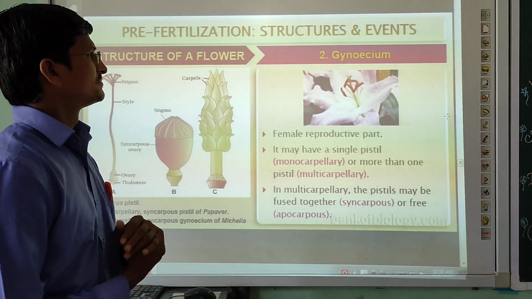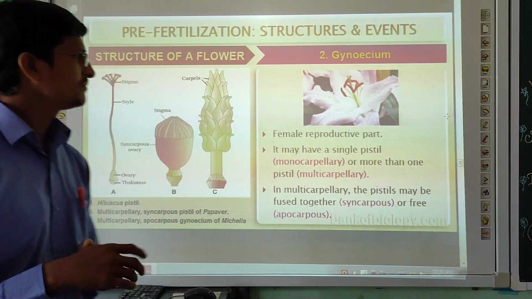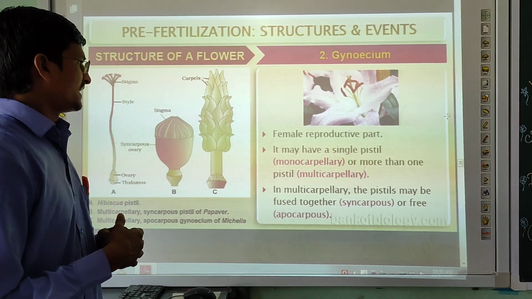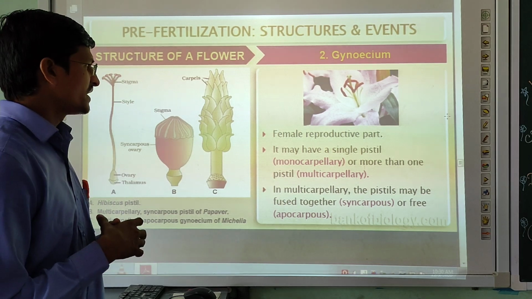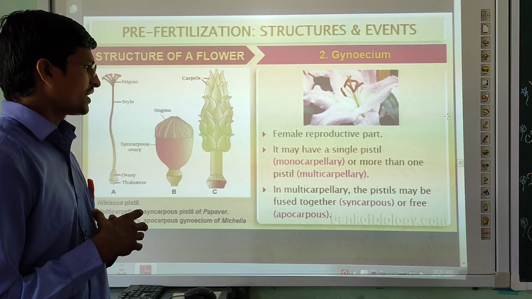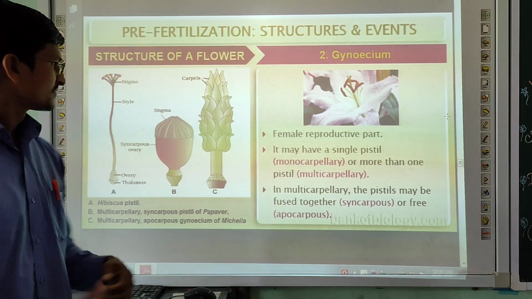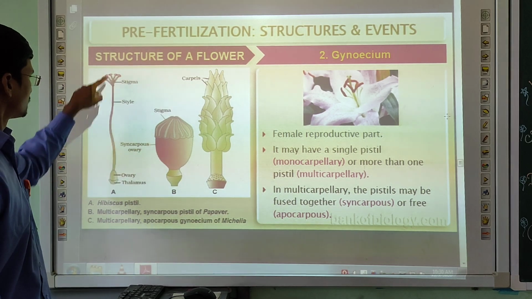Now, the gynoecium. It is the female reproductive part, and it may have a single pistil, monocarpellary, or more than one pistil, that is multicarpellary. Here you can see the stigma, style, ovary and thalamus.